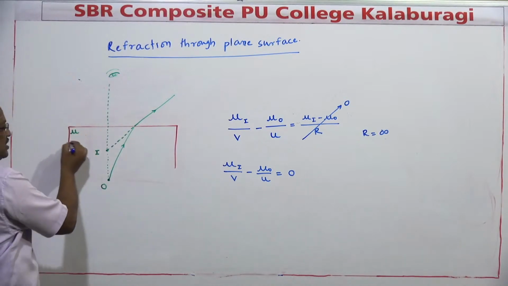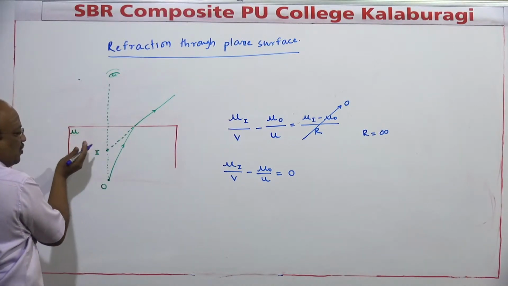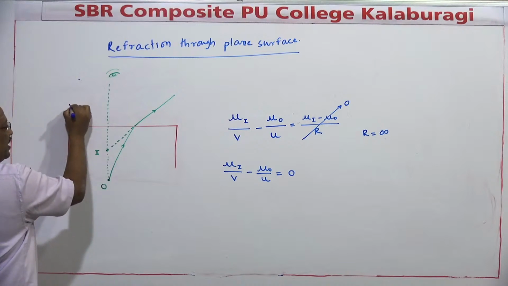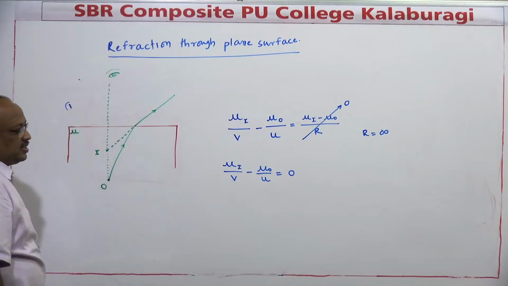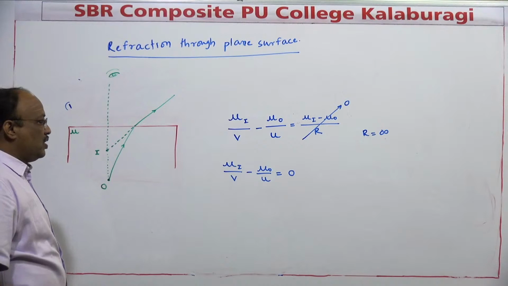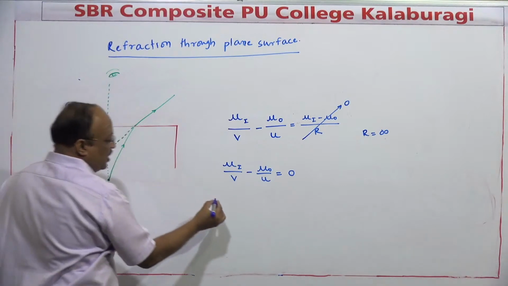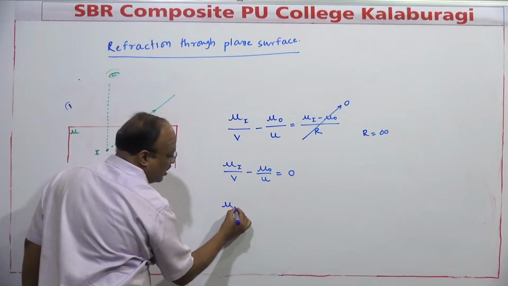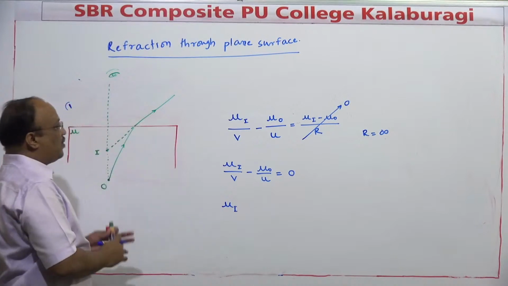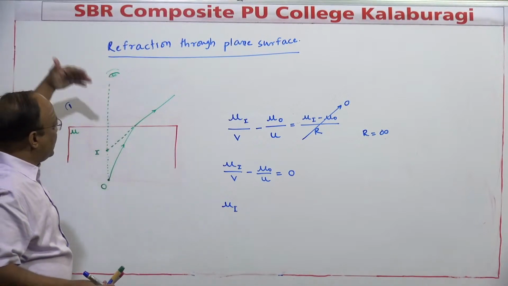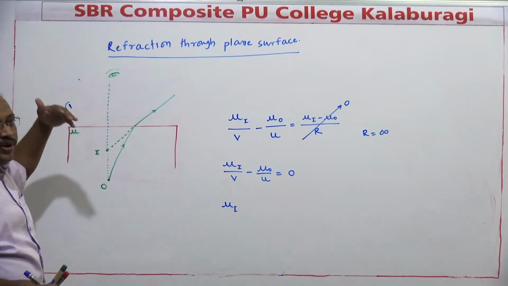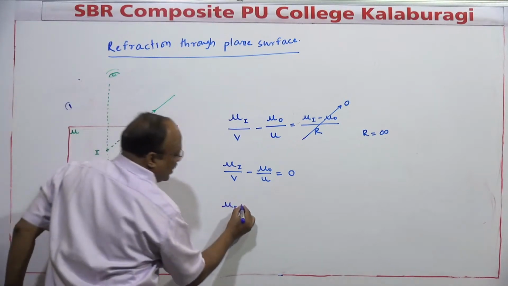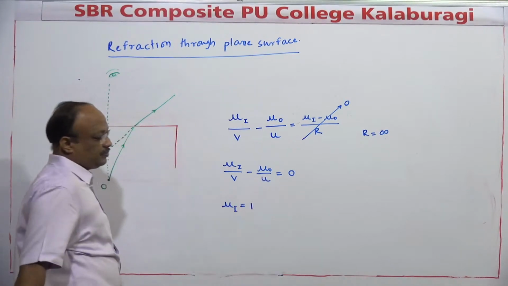Let us consider the ray is going from a medium to air. Air means its refractive index is 1. So where the image is forming, a person is seeing in the air medium or vacuum medium, so mu I is 1.